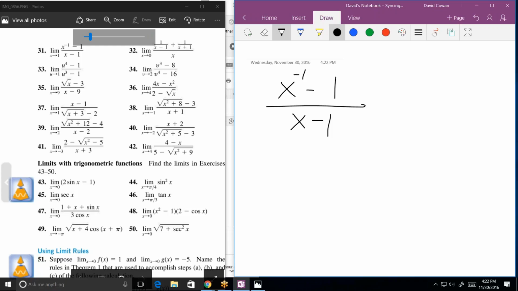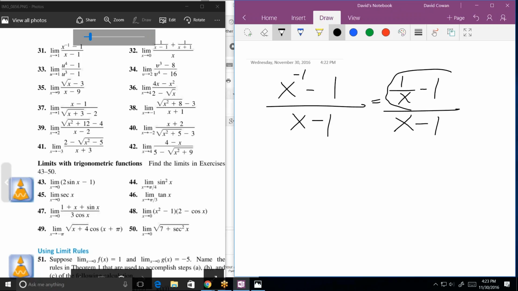If we substitute, we get 0 over 0. If I turn that into the fraction that it is, you with me? Yes. Now this is the second technique, if I'm not mistaken. This is where you have to actually add or subtract the fractions in either the numerator or the denominator.